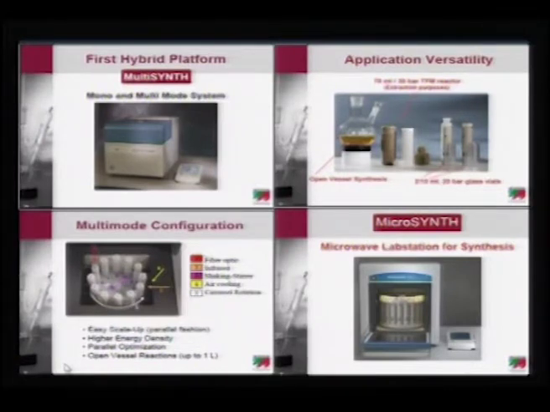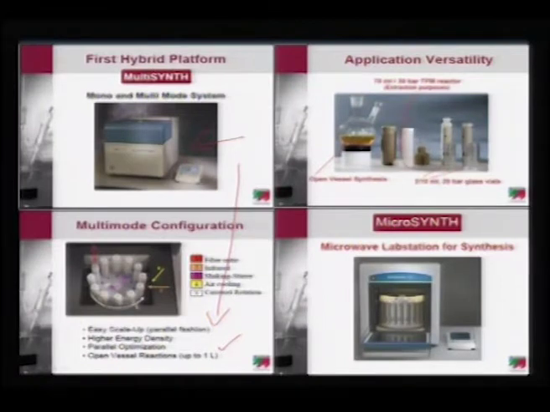We can go for mono or multi-mode using this sort of a cavity, and if you look at the inside view picture, you can actually do a scale up of that with the many containers here. So, you can go for an easy scale up in a parallel fashion, and you can also engineer open vessel reactions. For example, these are for open vessel synthesis.